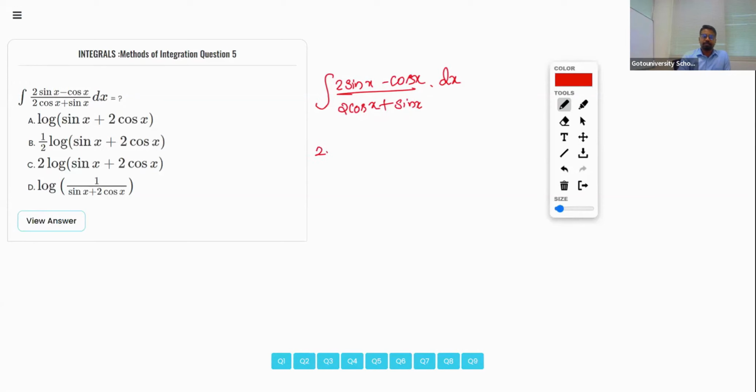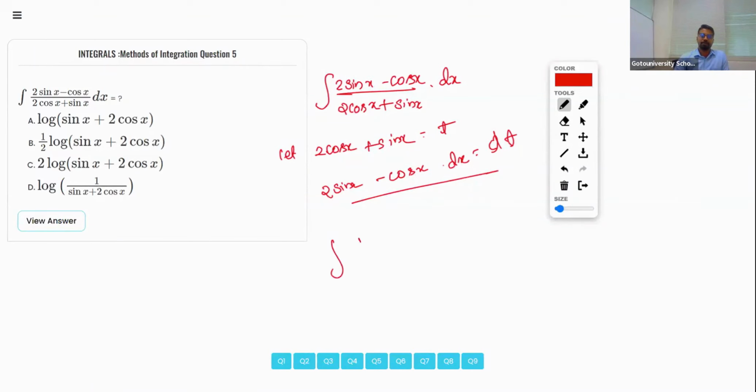Let us assume the denominator 2 cos x plus sin x as t. Differentiate on both sides, we get 2 sin x minus cos x into dx as dt. So our numerator is equal to this only, right? That means our question becomes simply 1 by t dt.